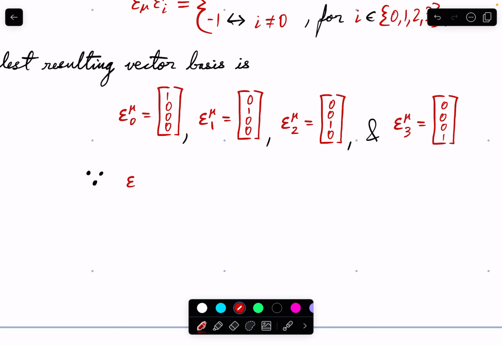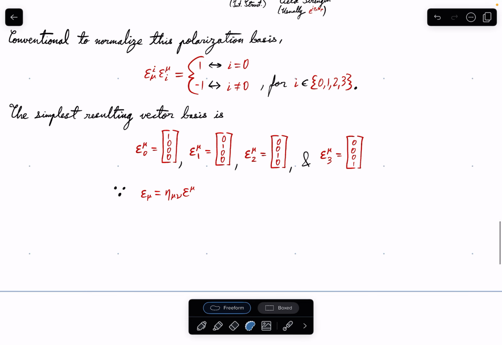So epsilon lower mu is equal to epsilon superscript mu. Or you can write it like this. And there you go.